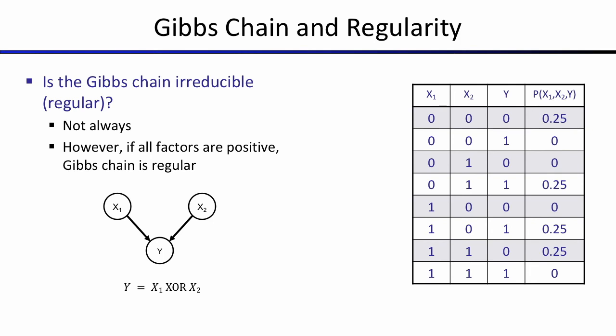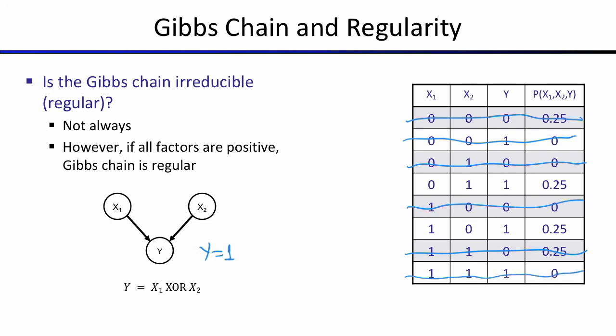One simple example that we can build to show that the Gibbs chain is not regular is using the XOR. For instance, let's suppose that we have evidence that y is equal to 1. In this case, we can rule out everything that says that y is equal to 0. We can also remove these lines here because they have probability 0, so it will not change anything.